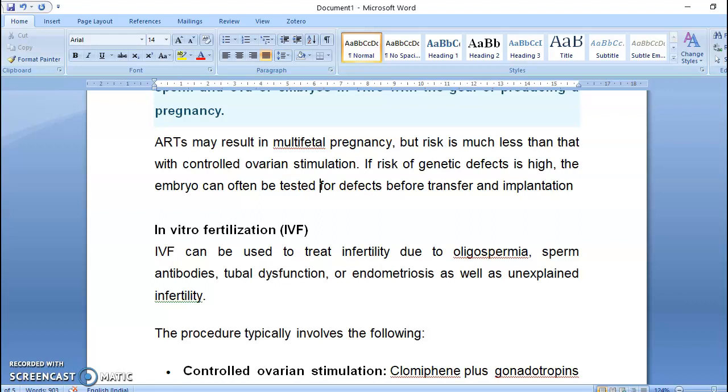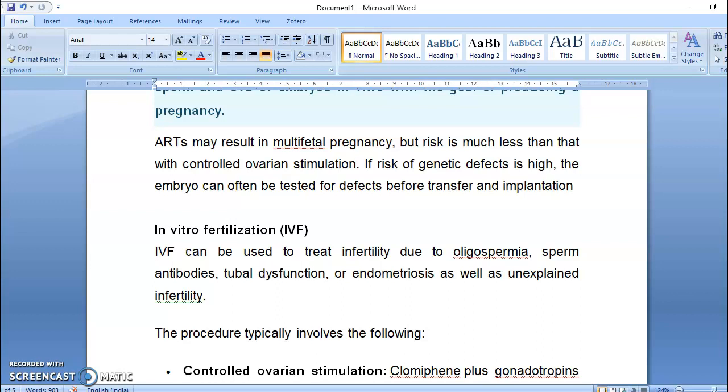And here we could see that there are some procedures included in the IVF, and IVF is a method specially used to treat infertility caused by oligospermia, that is the number of sperm is less, or when infertility is caused because of the presence of sperm antibodies, or there are some problems with tubal dysfunction, meaning if there is some block in the transfer of sperm from the male's body to the female's body, or if there are problems of endometriosis, which you may be knowing, as well as if there is some unexplained infertility.